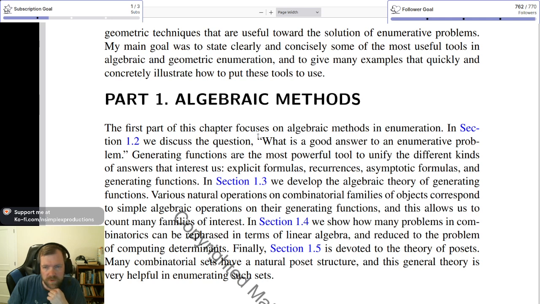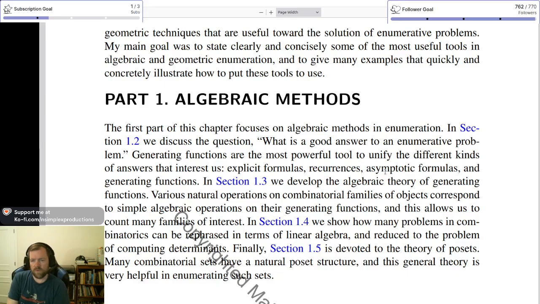First part of this chapter focuses on algebraic methods in enumeration. Section 1.2 discusses the question, what is a good answer to an enumerative problem? Generating functions are the most powerful tool to unify the different kinds of answers that interest us: explicit formulas, recurrences, asymptotic formulas, and generating functions. Section 1.3 develops the algebraic theory of generating functions. Various natural operations on combinatorial families of objects correspond to simple algebraic operations on their generating functions, and this allows us to count many families of interest.